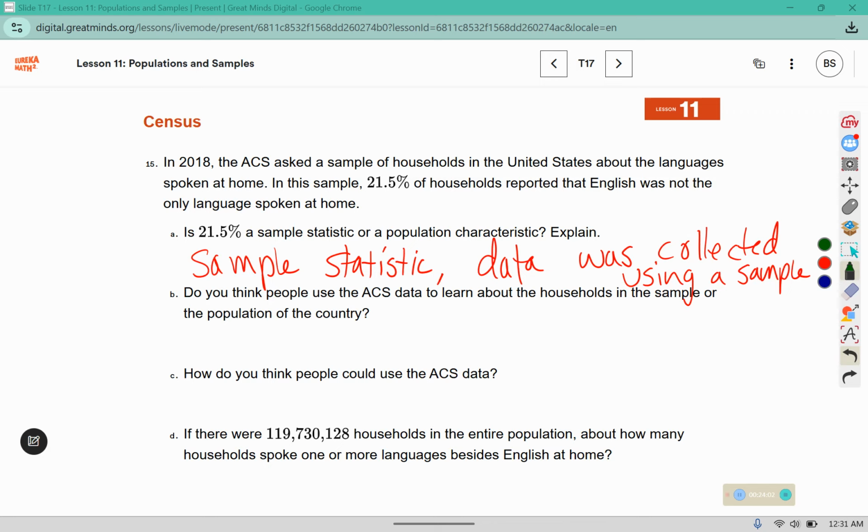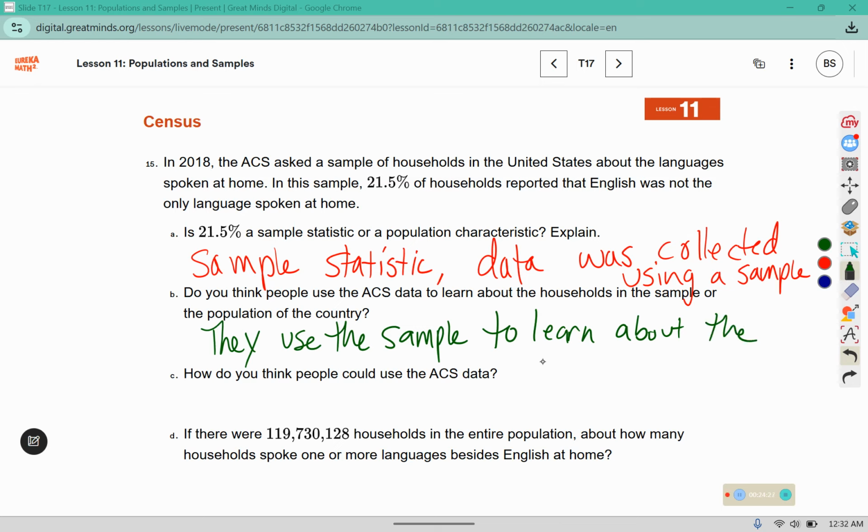Do you think people use the ACS data to learn about the households in the sample or the population in the country? They're using this, again, to make a generalization about the entire country. How do you think people could use this ACS data?